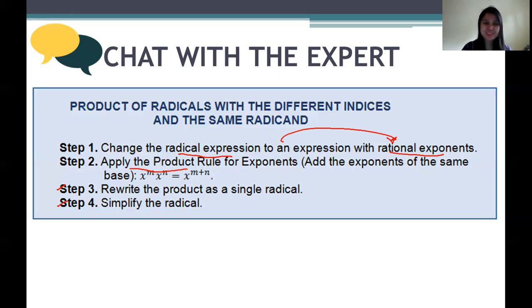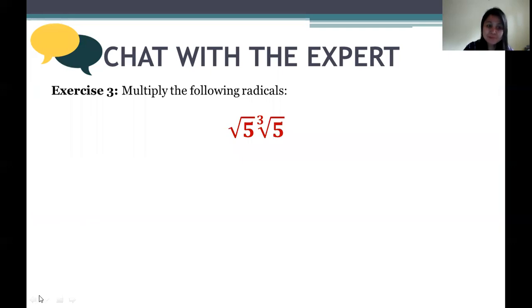Example number 1, same base. So we have the same radicand 5, but their index is different. This is 2, the other is 3. So step number 1, we change it into a rational exponent form. That's 5 to the 1/2, and the other is 5 to the power of 1/3.